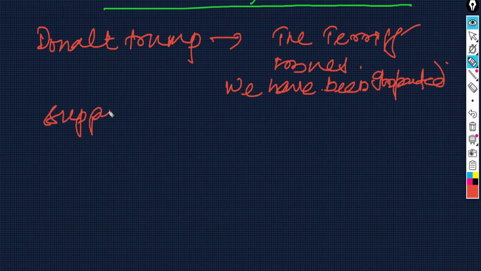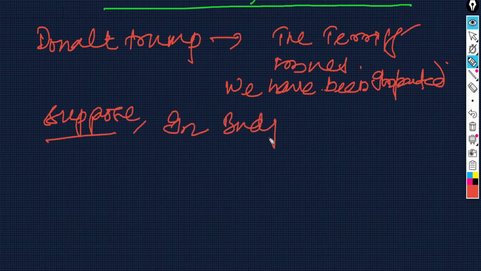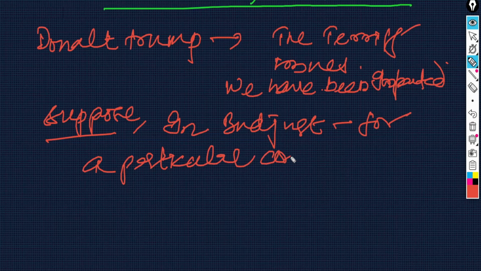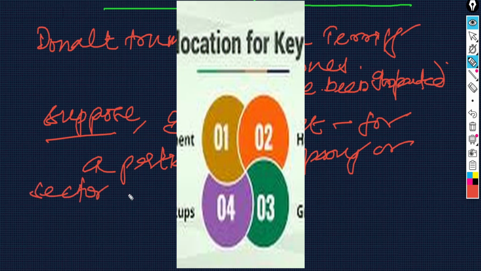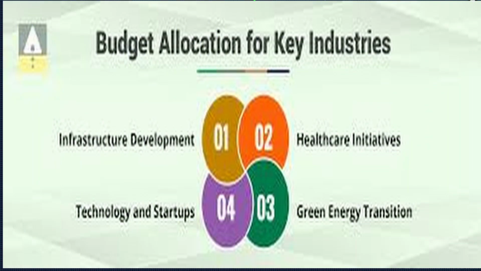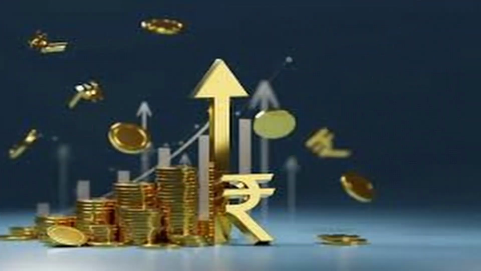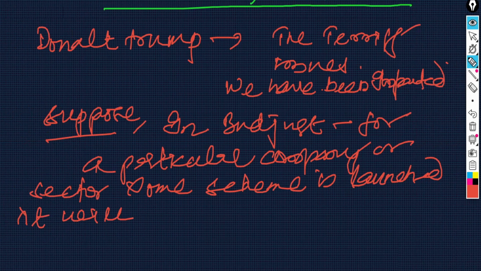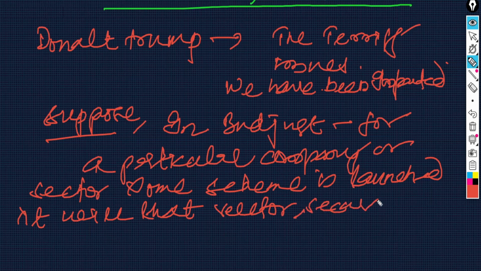Suppose in the budget, for a particular company or sector, some scheme is launched, it will impact that sector or security in a positive way.